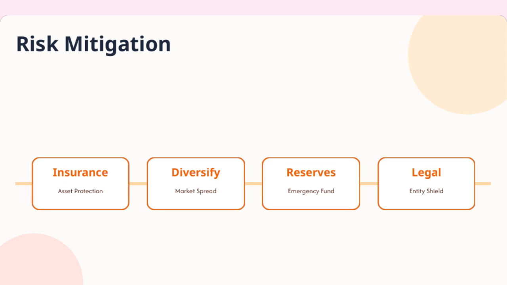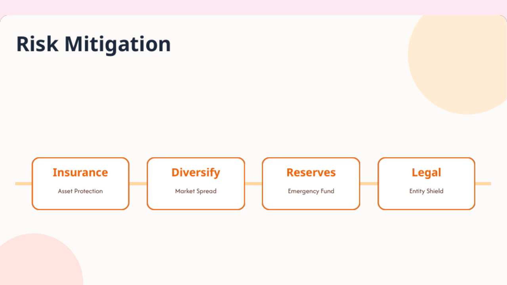Speaking of diversification, it's one of the most effective ways to protect your portfolio from volatility. Asset protection strategies, including legal structures and insurance, serve to shield your wealth from potential threats, whether legal or market-related. Insurance plays a vital role here as well. Think of it as a safety net that can help you recover from losses that could otherwise be devastating.